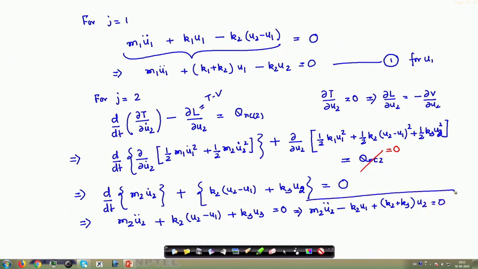So, this is my equation of motion 2 for u2.